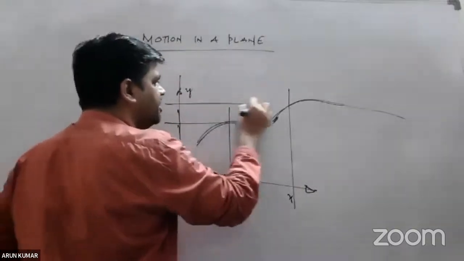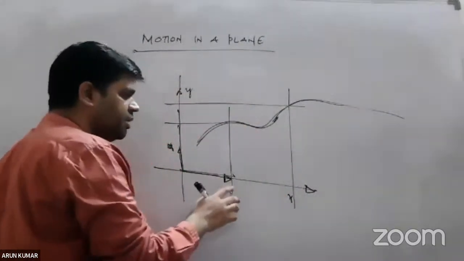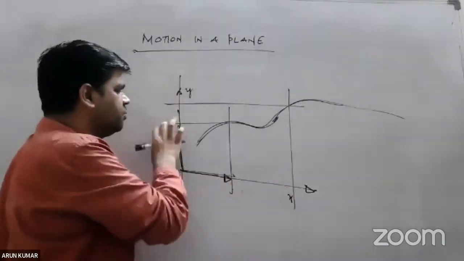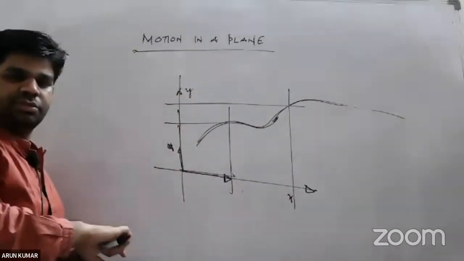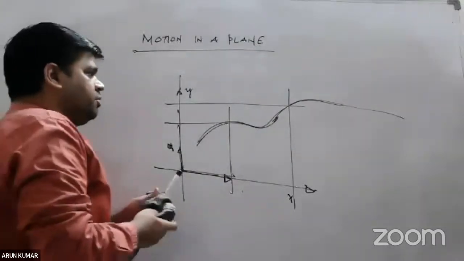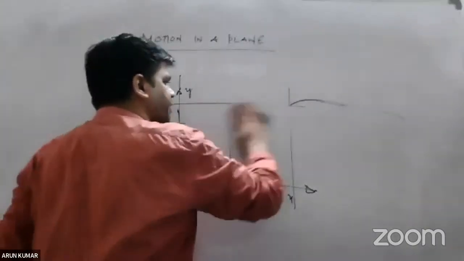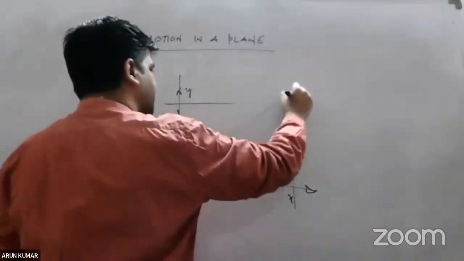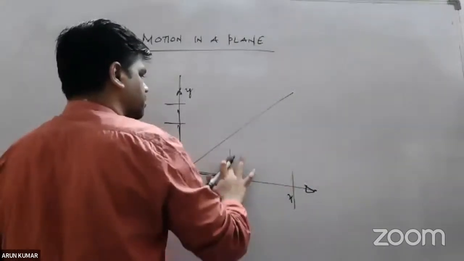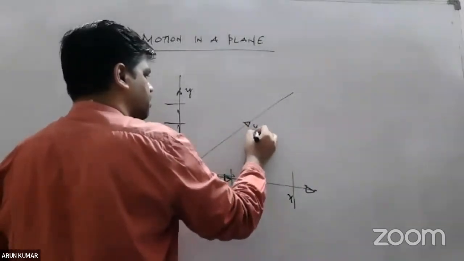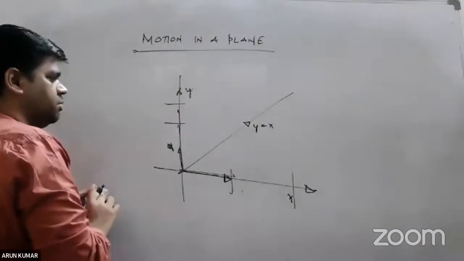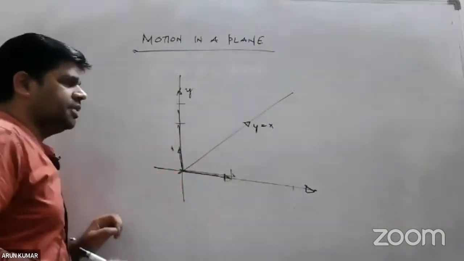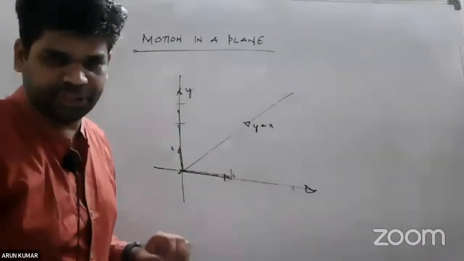So I can split the motion along the trajectory into two independent motions, x and y. Motion along x-axis, motion along y-axis. For instance, if I have a straight line, y is equal to x, motion along this line can be understood as a superposition.